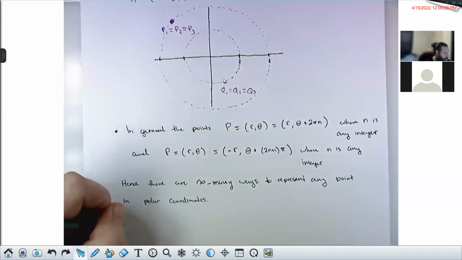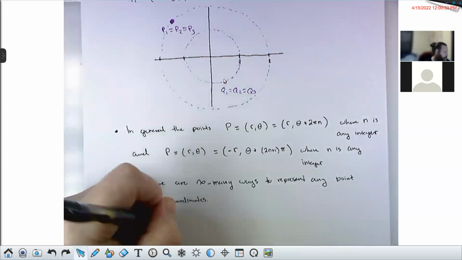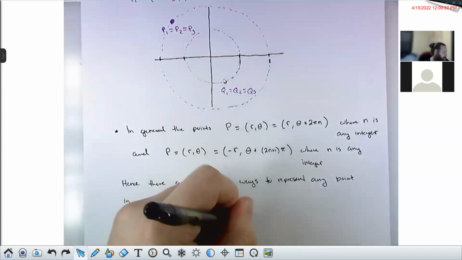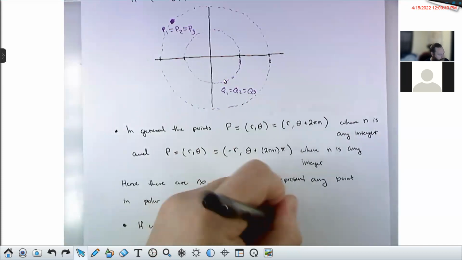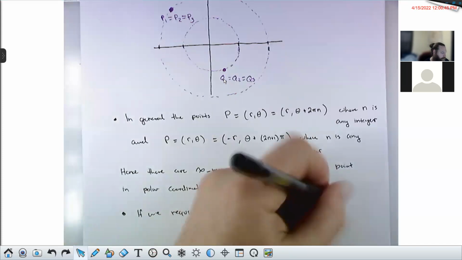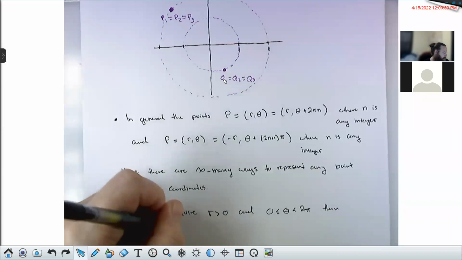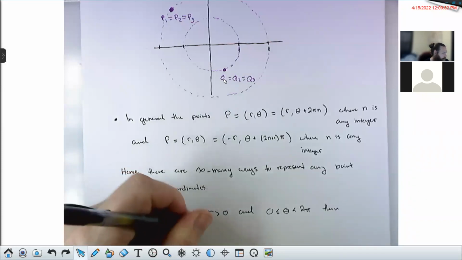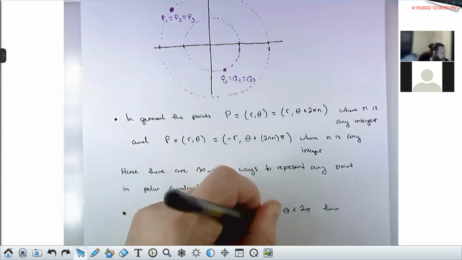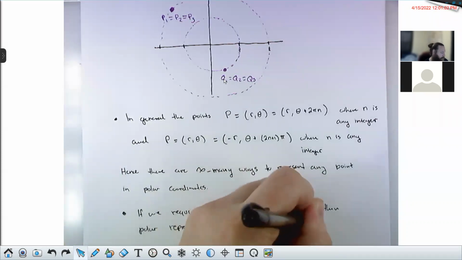Another little fact here. If we require that R is positive and theta comes from the interval 0 to 2 pi, then polar representations are unique. But generally, we can't do this.